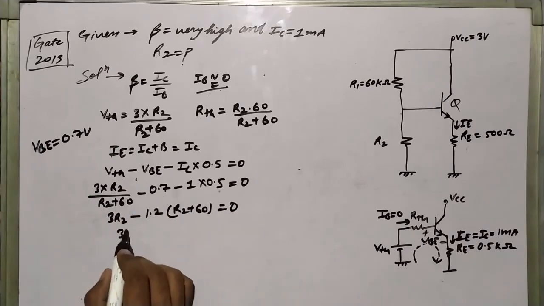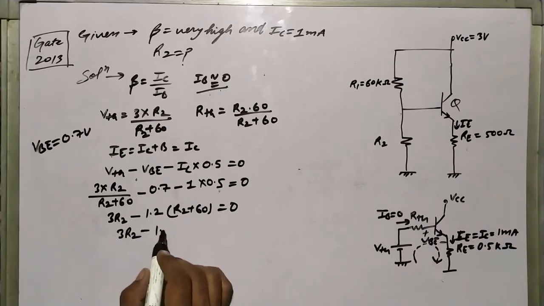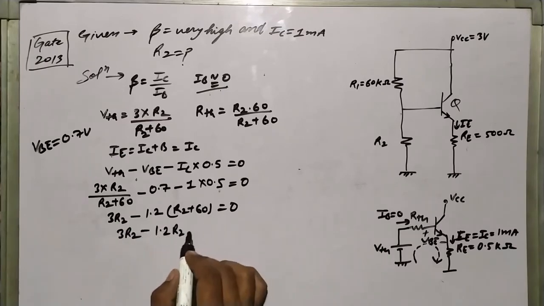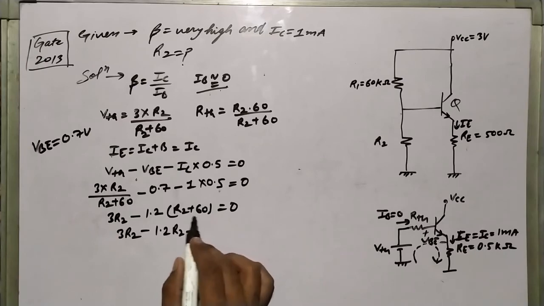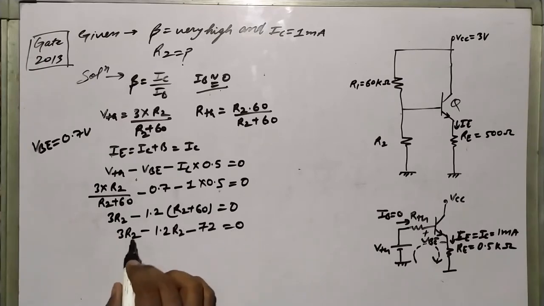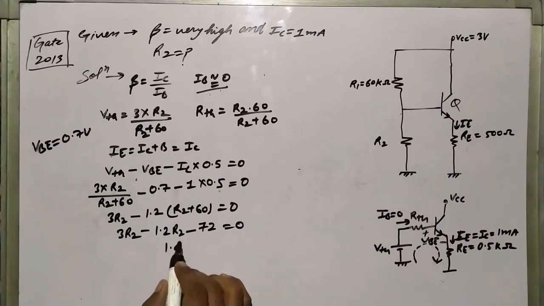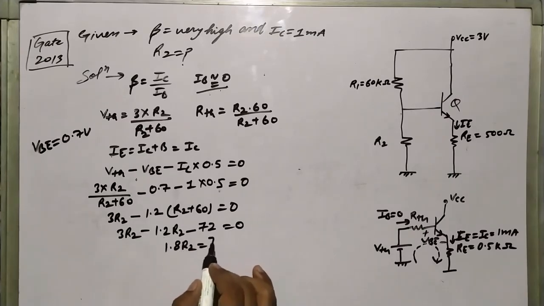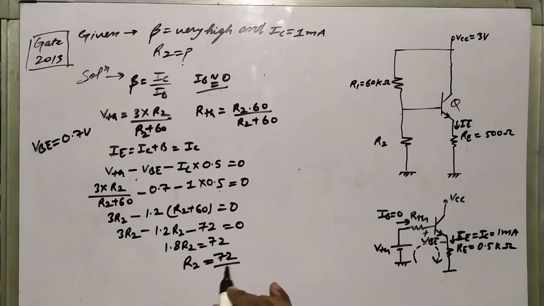Then 3R2 minus 1.2R2 minus 72 equals 0, so 1.8R2 equals 72. So R2 is equal to 72 divided by 1.8.